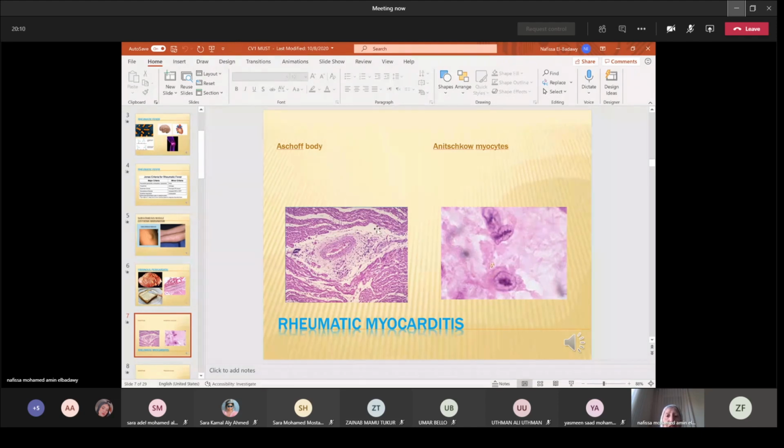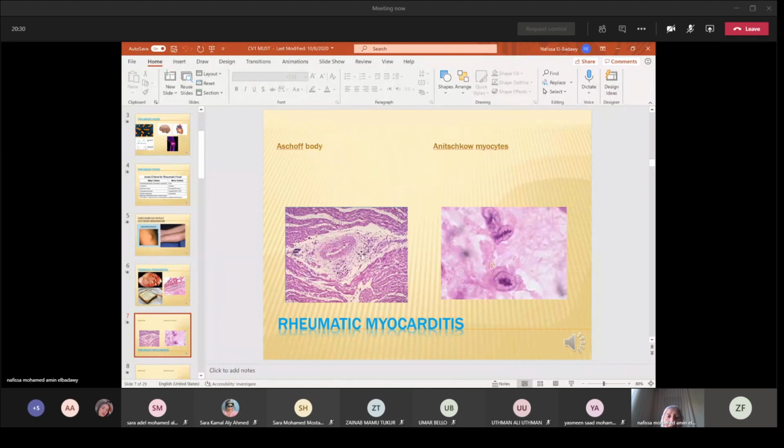This is inflammation that is present in between the muscle fibers, and it is present around blood vessels, perivascular, in the connective tissue in between the myocardial bundles.